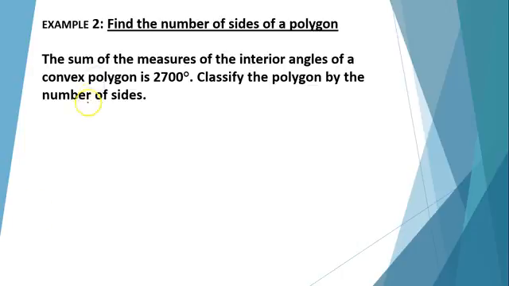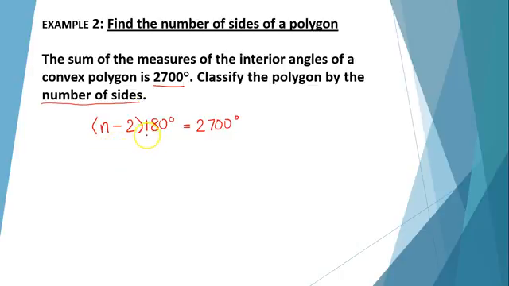So remember that the number of sides minus 2 times 180 degrees is equal to the sum total of our interior angles. So in this case, our sum total is 2,700 degrees. Now to solve for n, n is the number of sides our polygon is going to have, and that is what we are asked to find.